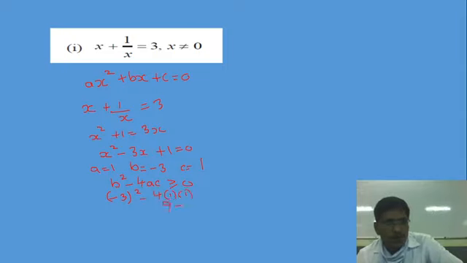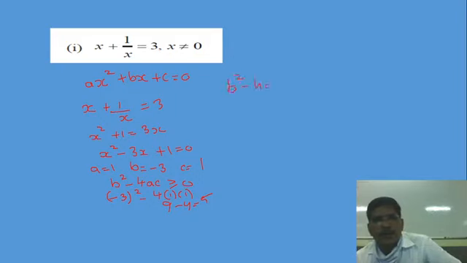So 9 minus 4 is equal to 5. Now b square minus 4ac we have already got, that is 5, which is greater than or equal to 0.